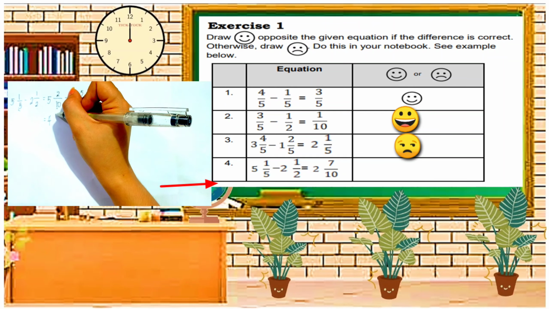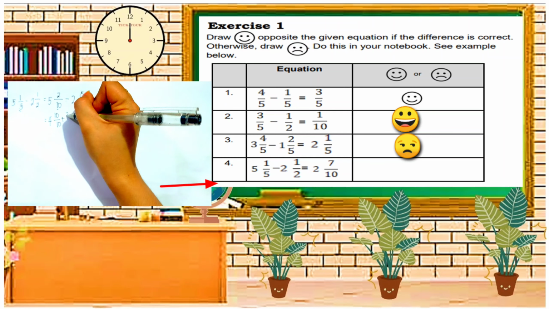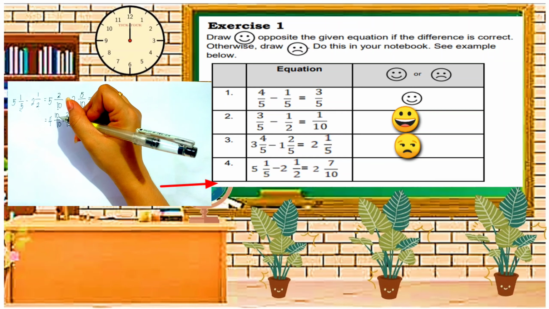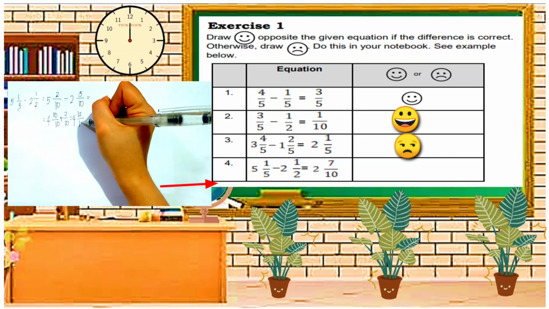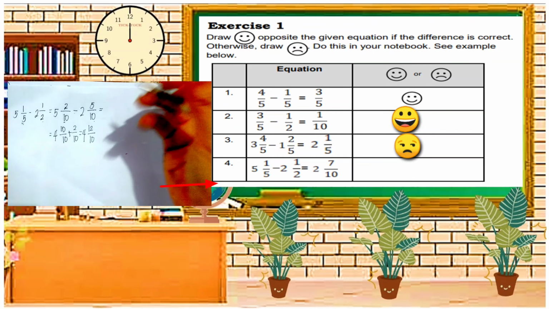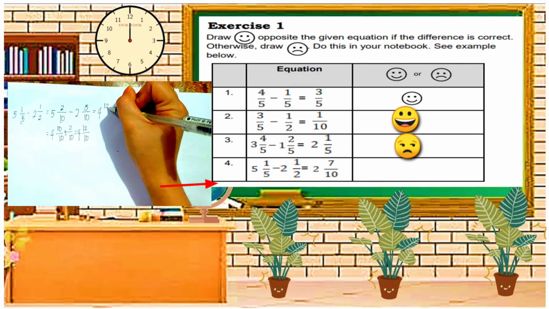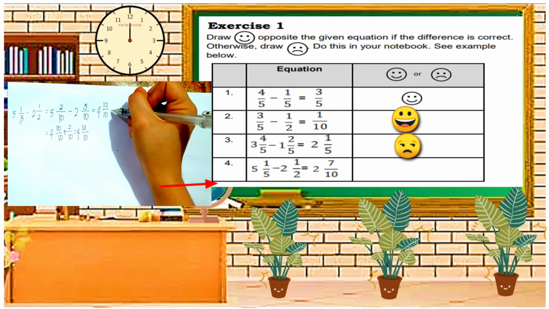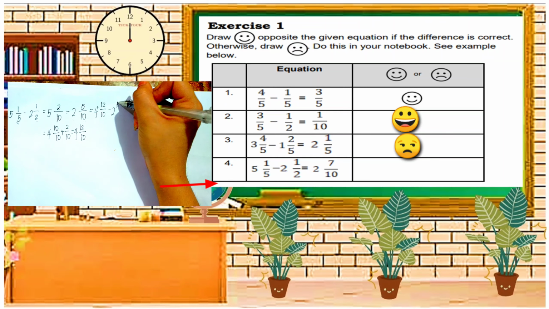So we have 10 tenths plus 2 tenths. We have 4. 10 plus 2 equals 12. Copy the common denominator. So we will have 4 and 12 tenths. Let's copy this: 2 and 5 tenths.